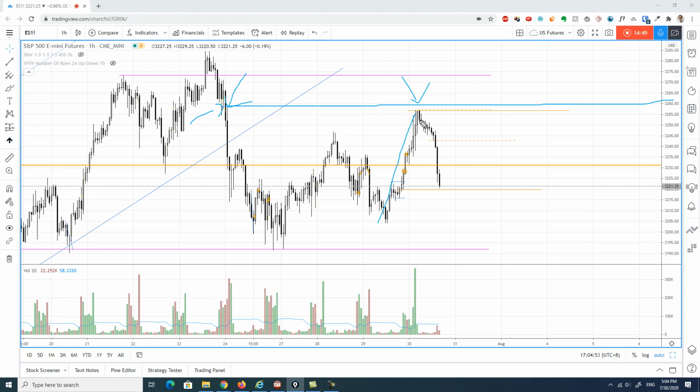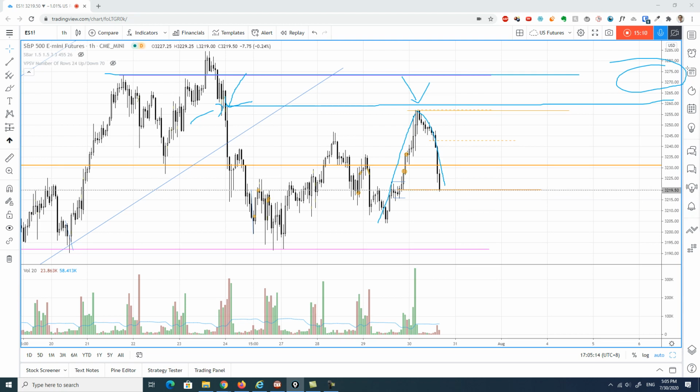It was about 5 points off, and then it had a reaction. The next immediate resistance level would be the swing high, about 3270.